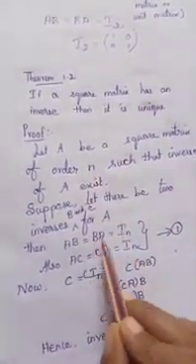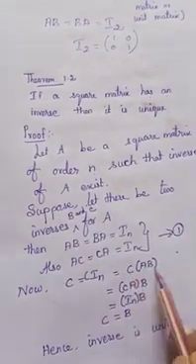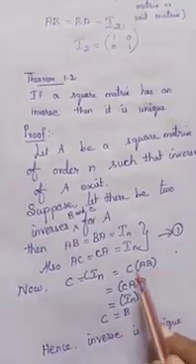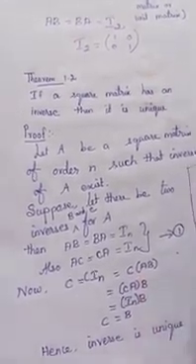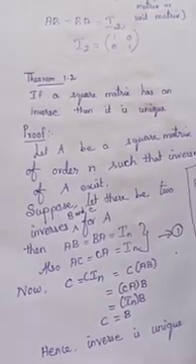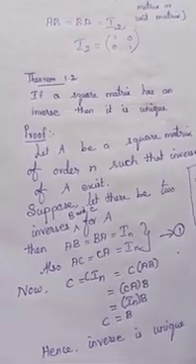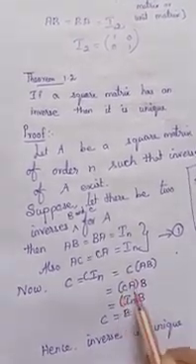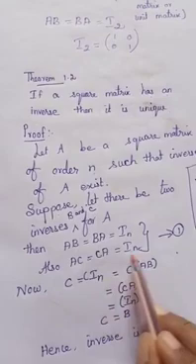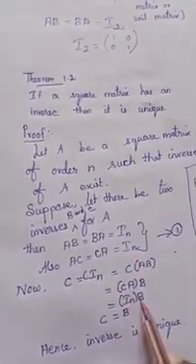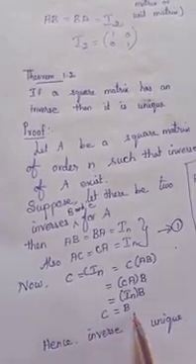Now we know I n equals BA as well as I n equals AB. Taking C into AB, since matrix multiplication is associative, A into BC equals AB into C, so I can change the bracket: CA into B. Now CA is equal to I n, equation 1. I n into B gives the same B. So we are getting C equal to B.